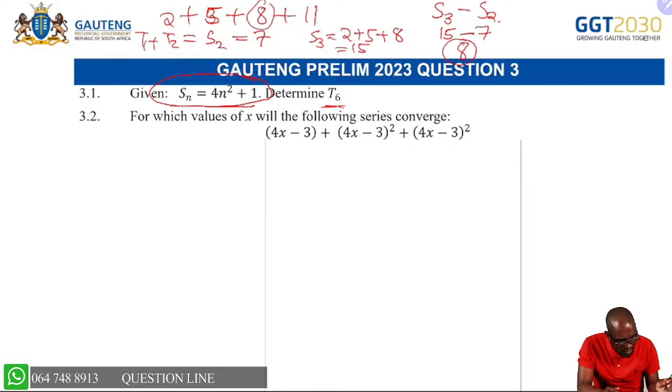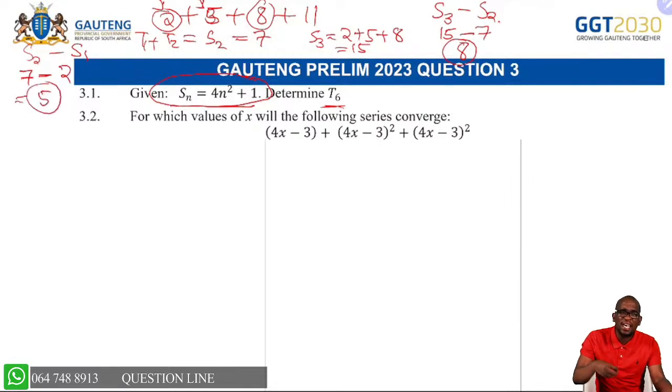If you take the sum to 2 terms, you're going to get 2 plus 5, that is 7. Subtract the sum to 1, that's going to be 2. And then this gives you 5. So you can see that you are able to generate the term value from the sum.